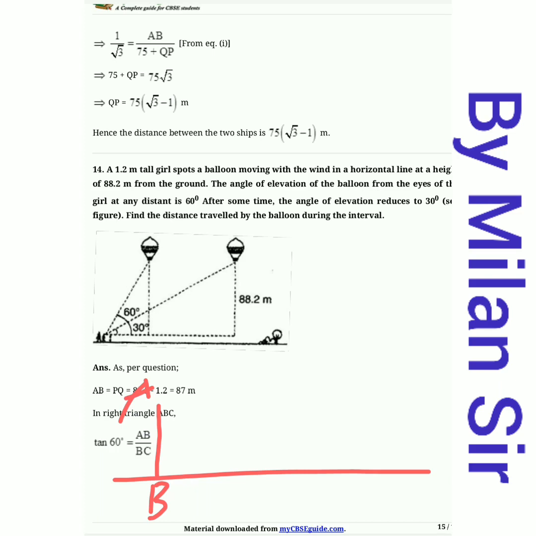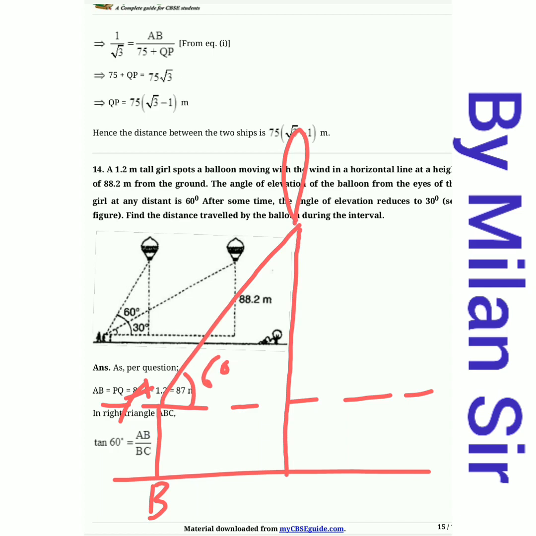So we consider the eye of the girl at point A and we need to draw one horizontal level there. Okay, so from A, the angle of elevation is 60 degrees. One balloon is here, right? It is at a height of 88.2 meters from the ground. Here we give CD. Here E.